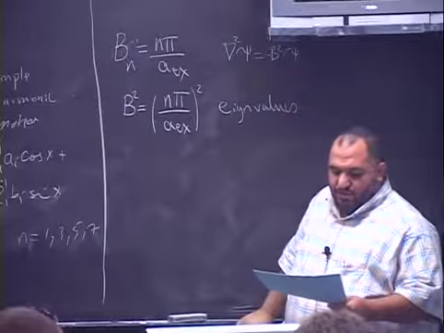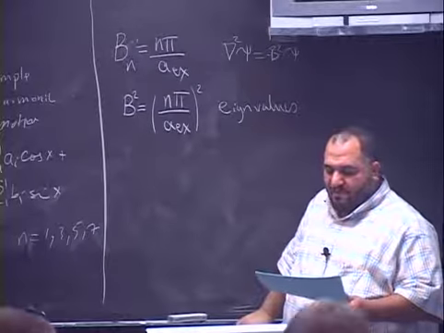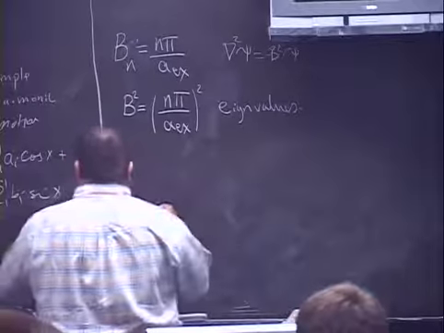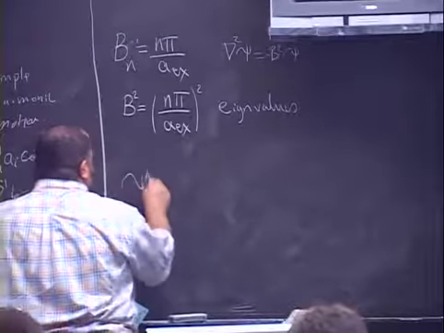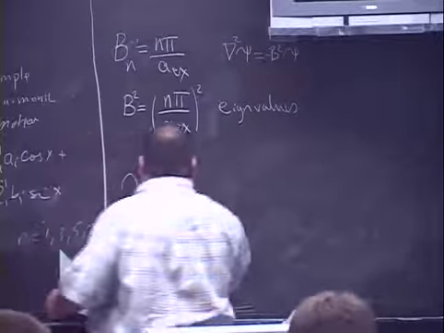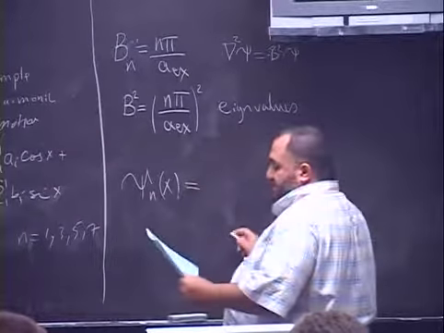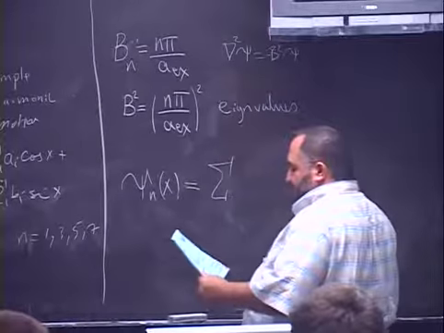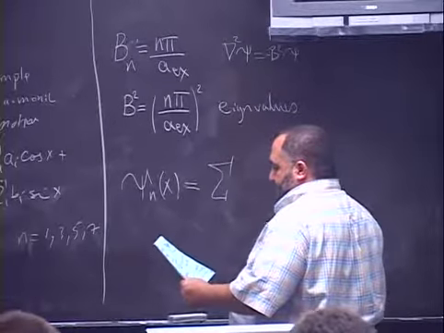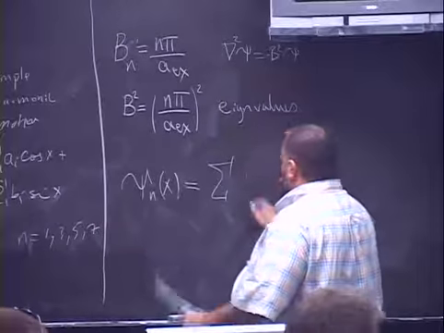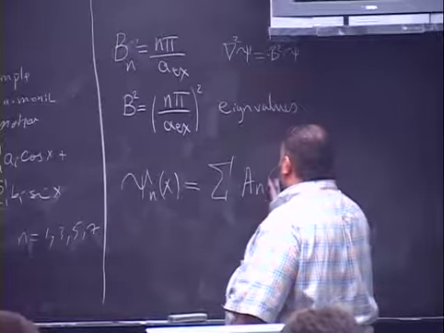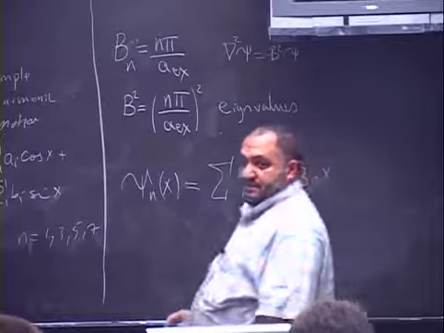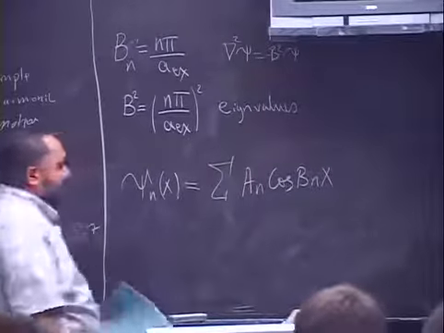Now we want to calculate the eigenfunctions. So my eigenfunctions, I call it psi n of x, will be the summation of A n cosine B n x. Yes, guys?